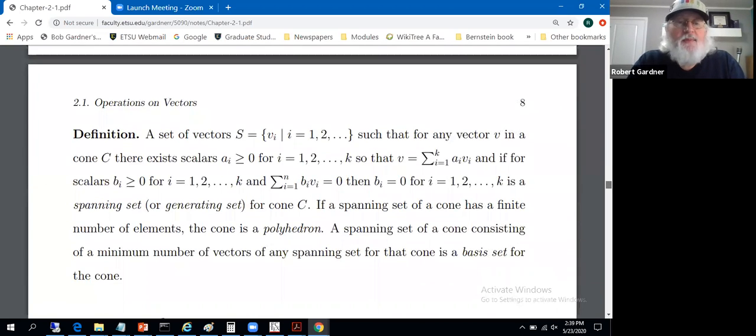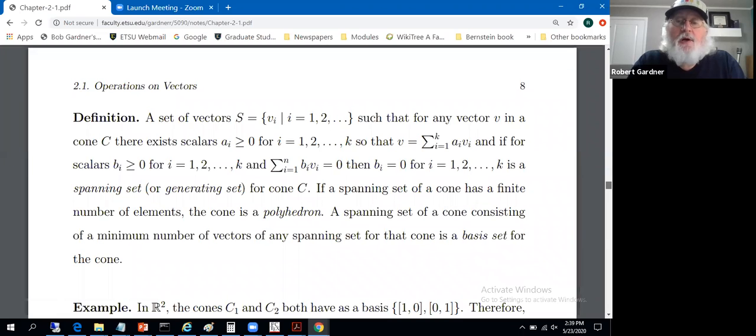All right, how about a little bit more stuff on cones and another little geometric thing, an idea of a polyhedron. Take a set of vectors, v sub i, a countable collection, not necessarily finite, such that for any vector v in a cone C, there exist non-zero scalars a sub i, greater than or equal to 0, for i equals 1 through k, such that v is the sum from 1 to k of a sub i v sub i.